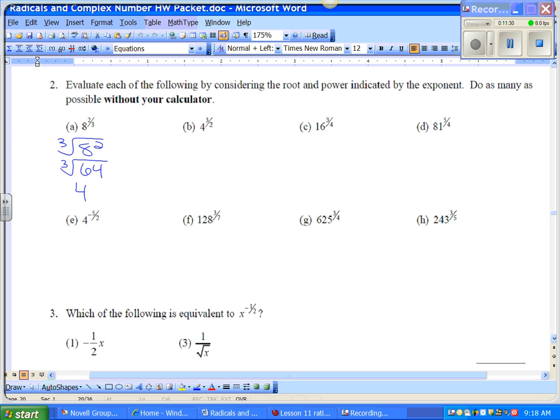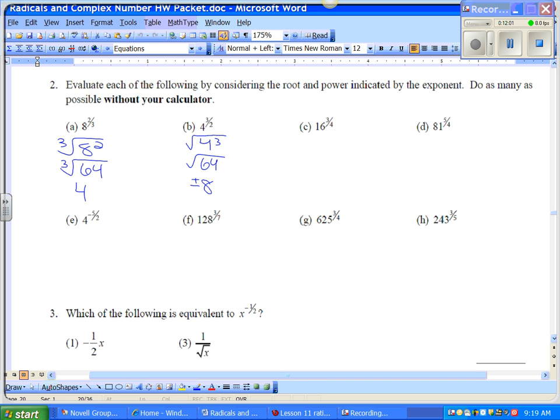Okay, how would I write it as a radical, guys? Good, radical 4 cubed. 4 cubed is? Square root of 64 is? Plus and minus. Excellent. We okay? Not bad, right?